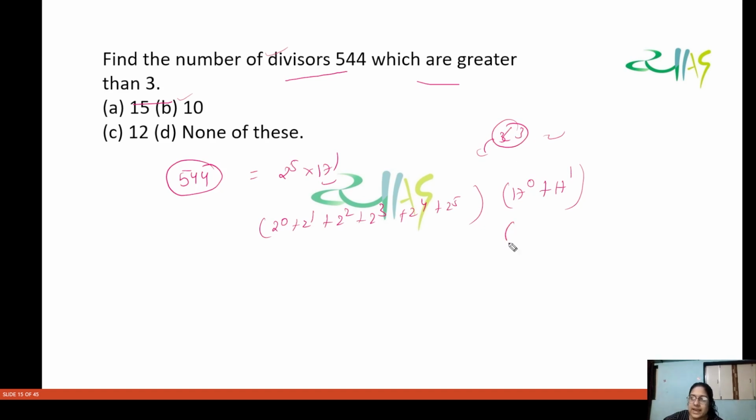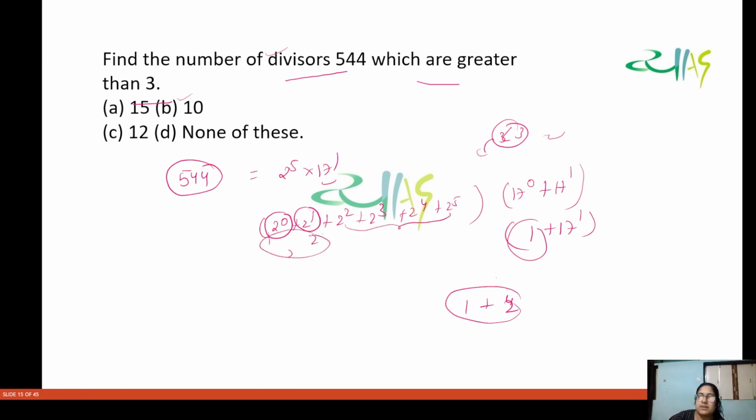Okay, so see, this is 1. So this 2 to the power 0 and 2 to the power 1, when multiplied with this one, will produce 1 and 2, and these two numbers are less than 3. Okay, rest all will produce numbers that are greater than 3. This is the concept.